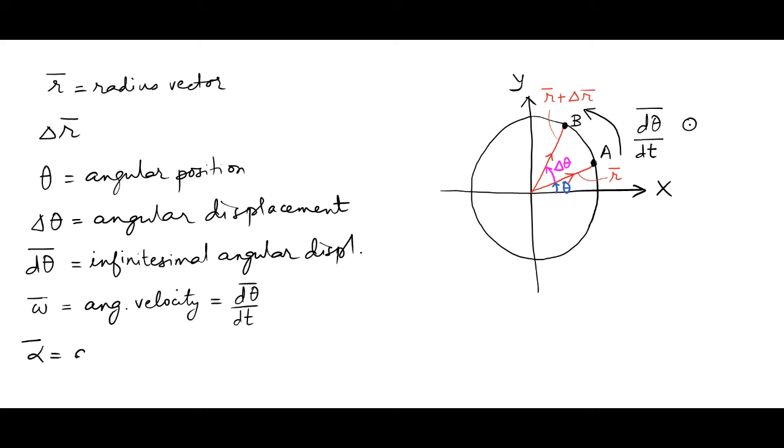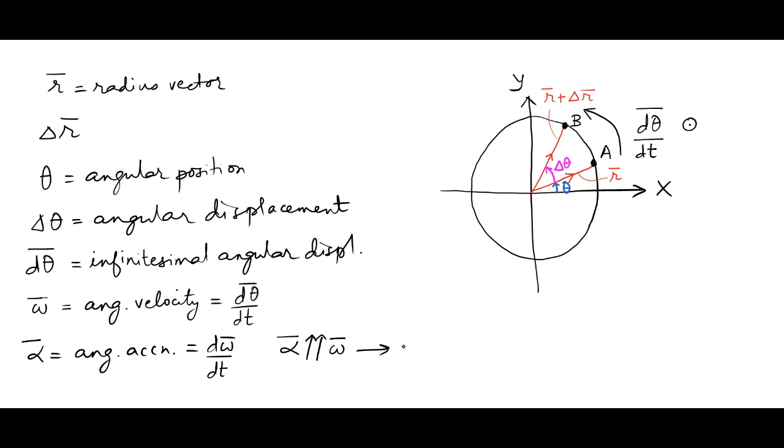Alpha bar is the angular acceleration, and it's defined as d omega bar by dt, and like omega bar, alpha bar is also in this figure either out of the screen or into the screen. So the rule is, if the particle is speeding up, it means alpha bar is helping the omega bar vector to grow, and that would mean that alpha bar is in the same direction as omega bar.